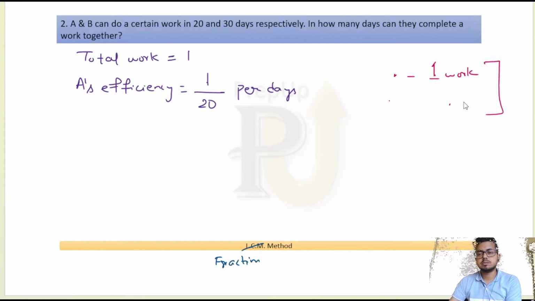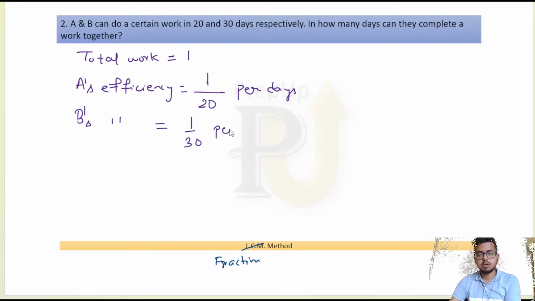So we have found A's efficiency. Now B's efficiency would be 1 upon 30 work per day, or 1 upon 30 units per day.